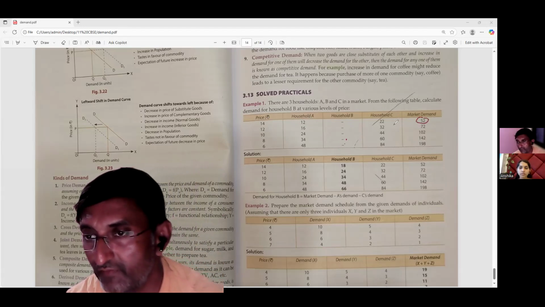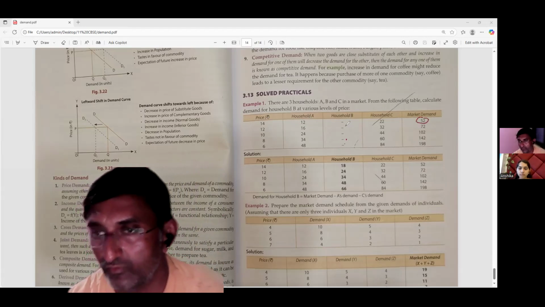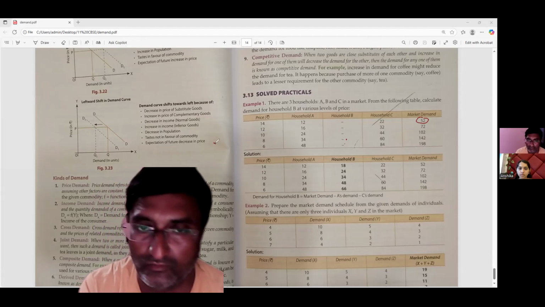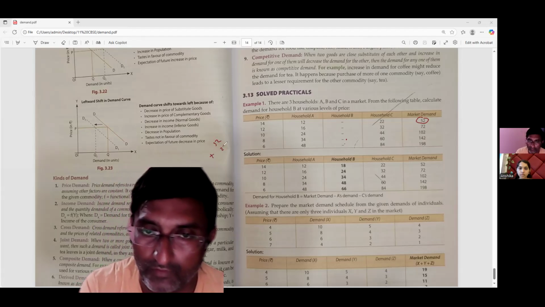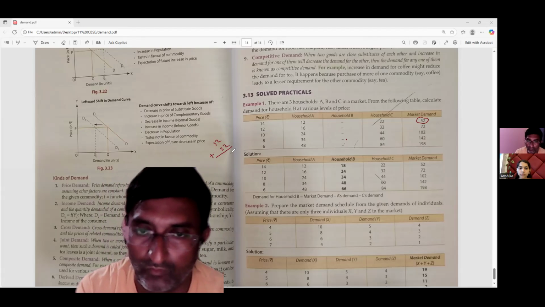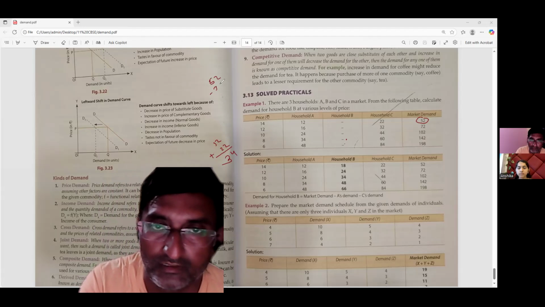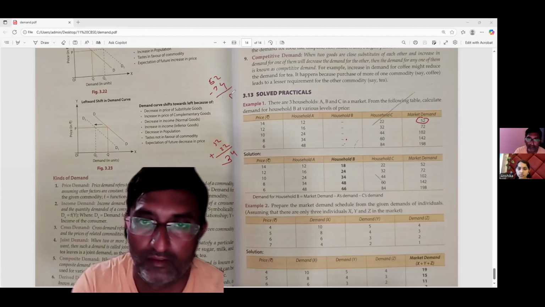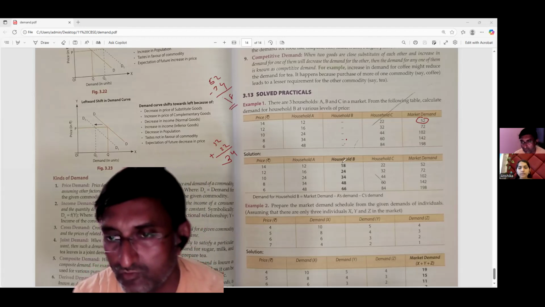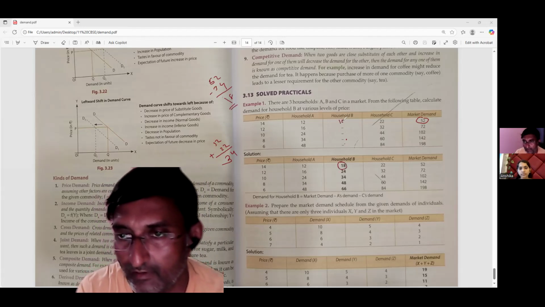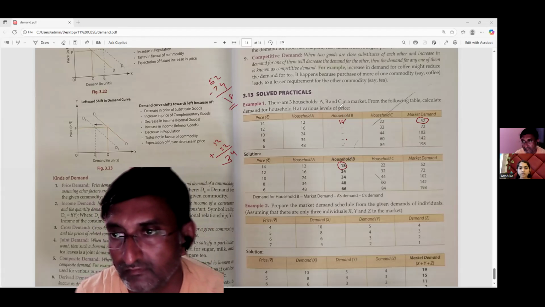First of all, you can add the two figures, 12 plus 22. It comes to 34. So now 52 minus 34, 18. So household B will use 18, right?